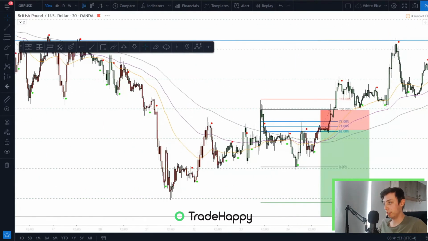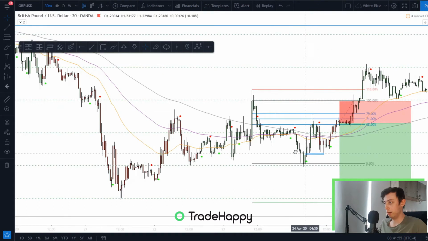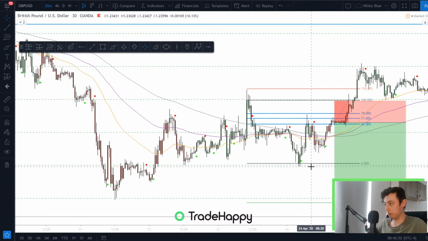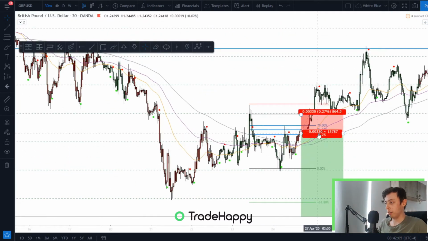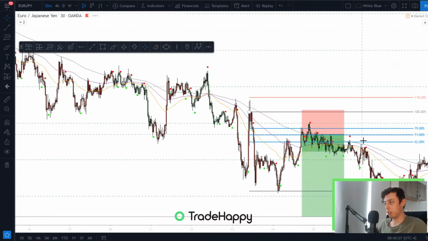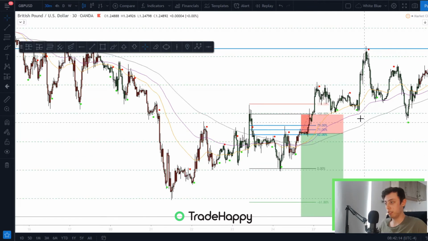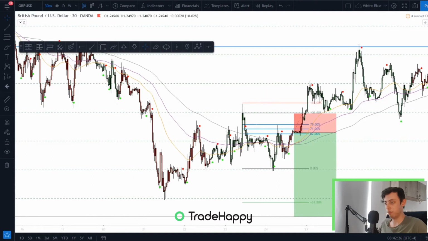GBPAUD is a loser. We got in here and basically just went straight through the level and hit the stop loss, which is perfectly fine because if you have a look at this trade and this trade, both of these we would have taken a third, which means that we are still overall in profit because this is basically losing 1 but risking 4.